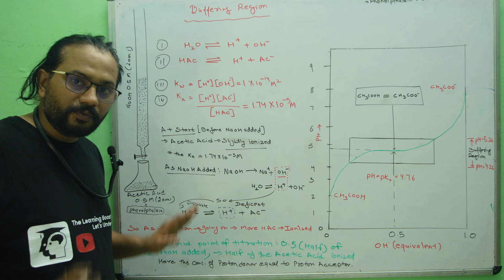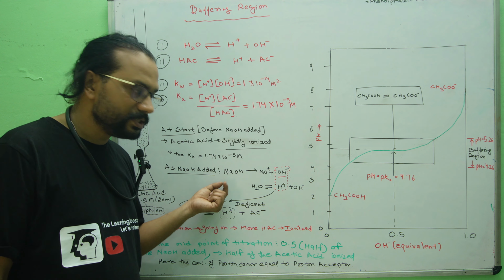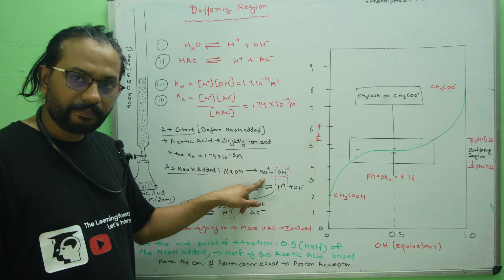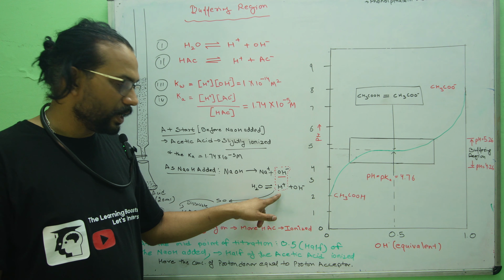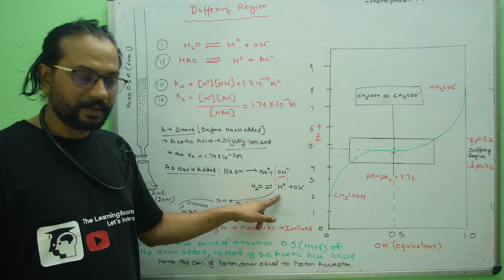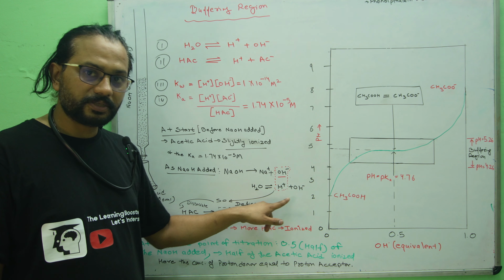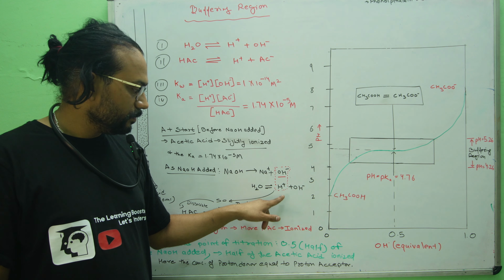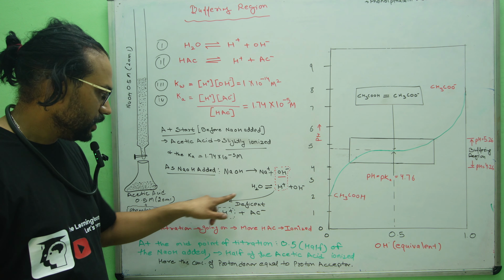When we add NaOH, it breaks into sodium and OH−. This OH− reacts with the hydrogen ion formed from water, where H2O breaks down into H+ and OH−. So the OH− reacts with the hydrogen ion to form water.